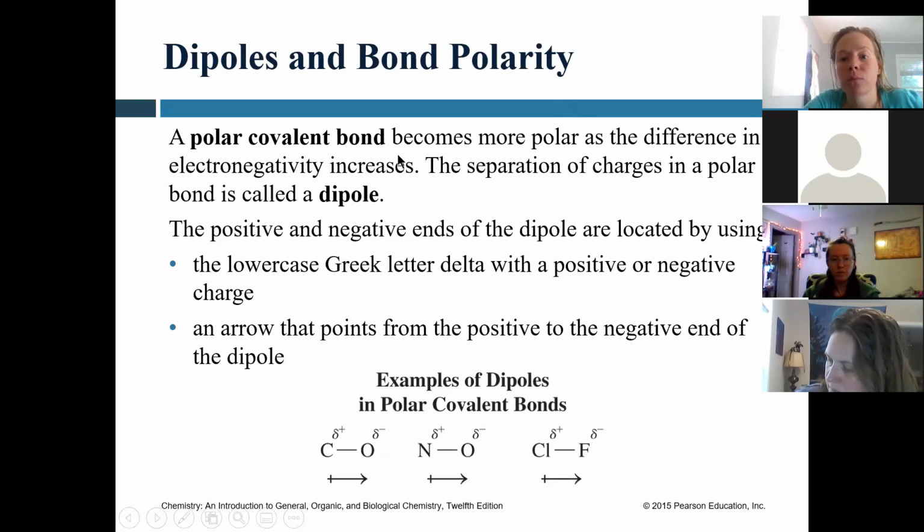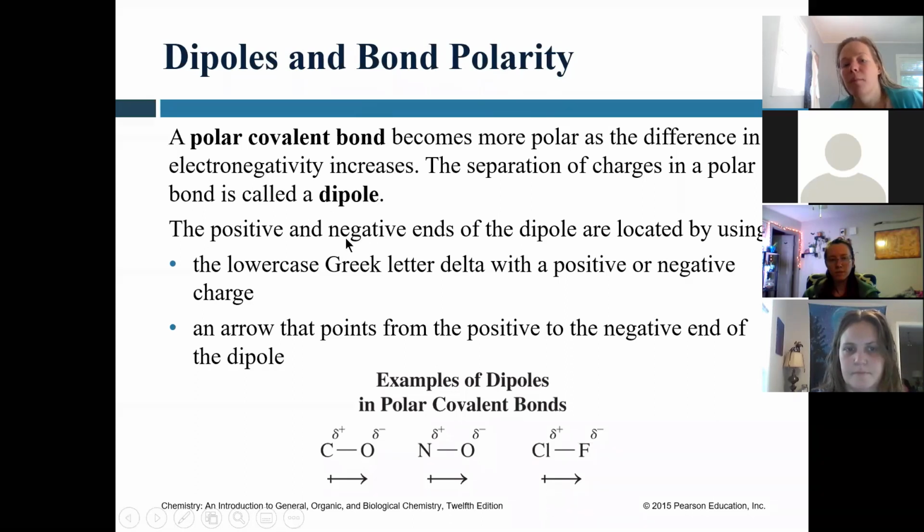So polar covalent bonds: because they don't share the electrons equally, the separation of the charge within the bond, or this shift of a positive charge and a negative charge, is called a dipole.